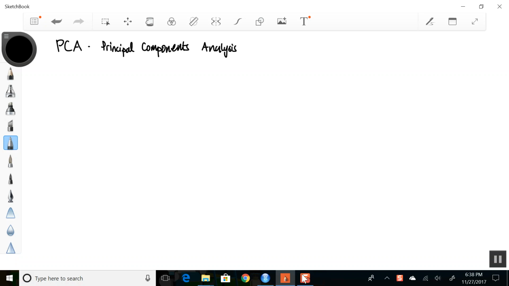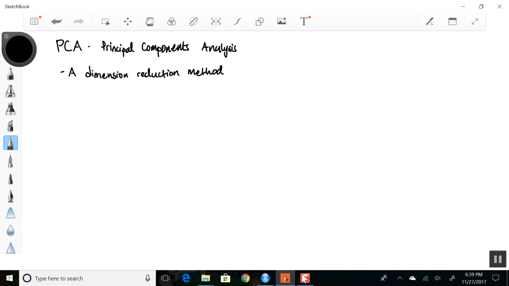And the idea here is it can be seen as a method of dimension reduction, okay? Can be seen as a dimension reduction method.